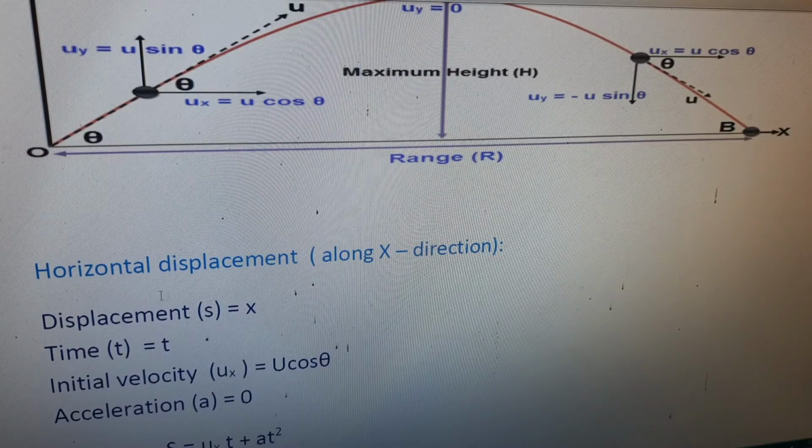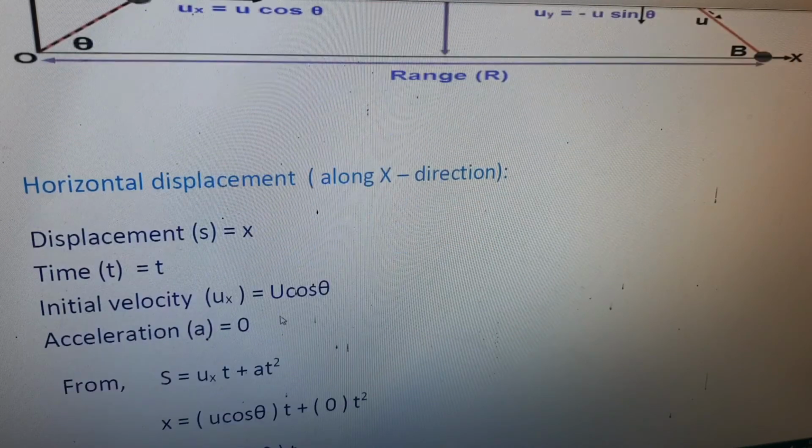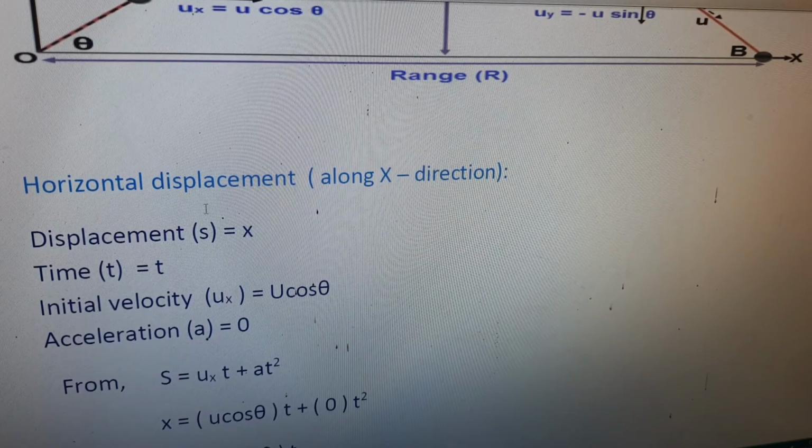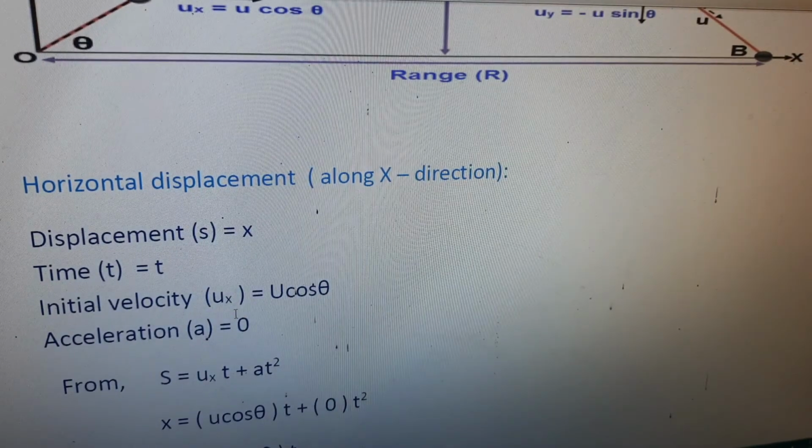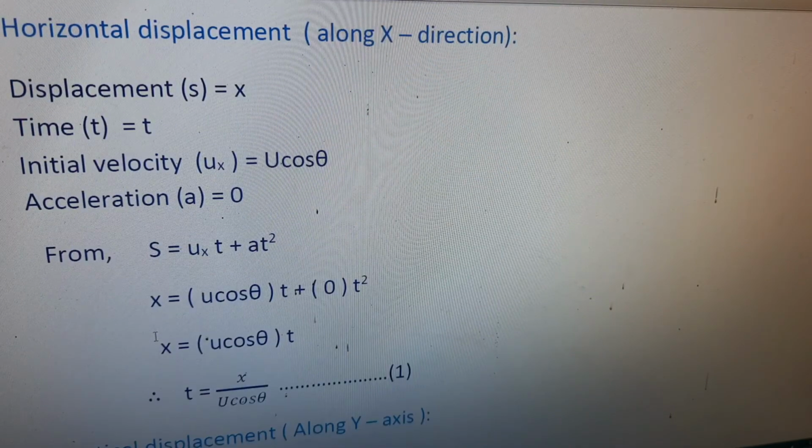So we can observe the projectile motion displacement along the x direction as well as along the y direction. First, horizontal displacement along the x direction. The parameters are: displacement s is equal to x, time is t, initial velocity ux is equal to u cos theta, and acceleration a is equal to 0.